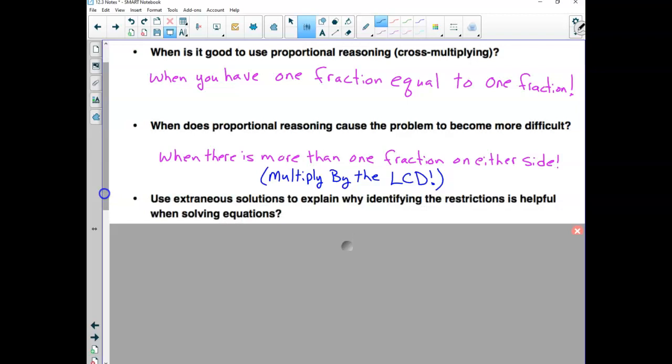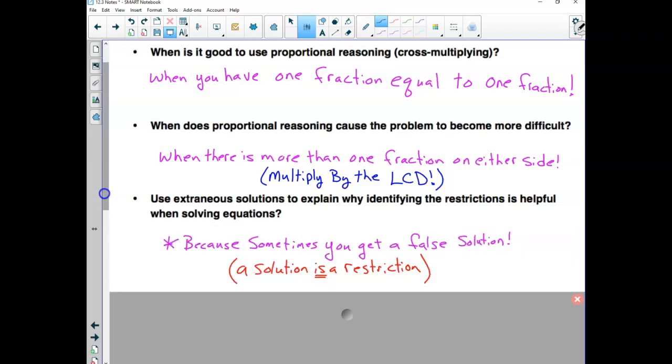Now, last one. Use extraneous solutions to explain why identifying the restrictions is helpful when solving equations. Well, that is because sometimes when you solve a problem, like we did in number 2 and number 3 in the beginning, in the warm-up, you get a false solution.